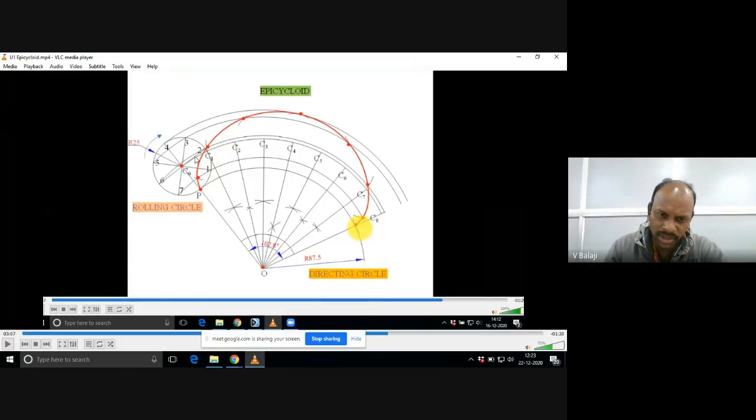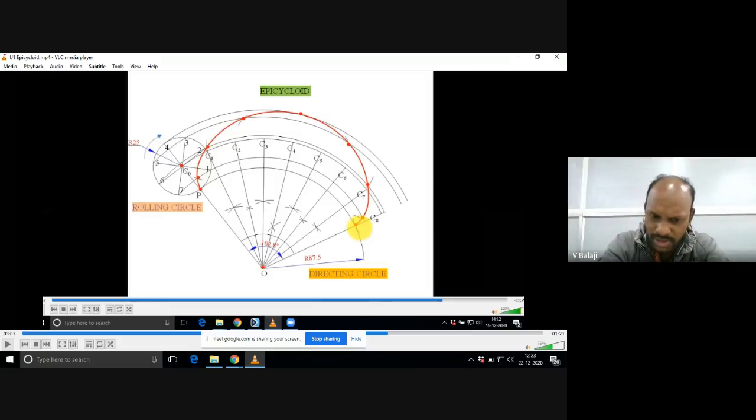In the case of cycloid, what happens? The center line and the 2 6 line are the same. There is no gap between those two lines. But here you would get one more arc passing through C naught with O C naught as radius. So instead of horizontal lines, in the case of epicycloid we are getting circular arcs.